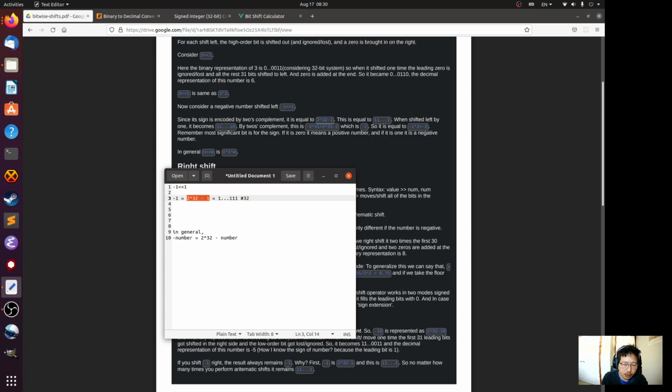If you shift this by 1 to the left, you can see that the leading 1 is lost, but it is all 1s anyway in the subsequent digits. So what you're left with is this.